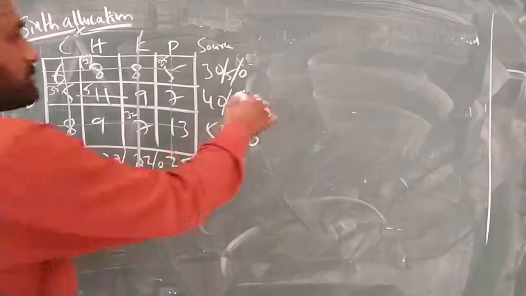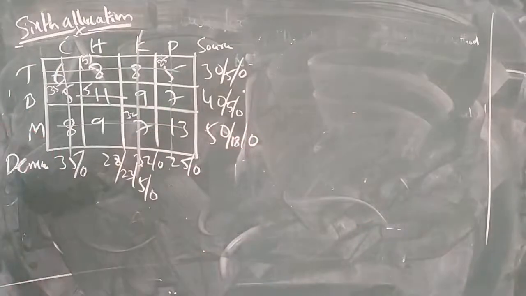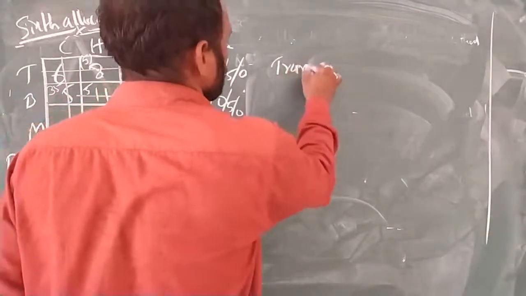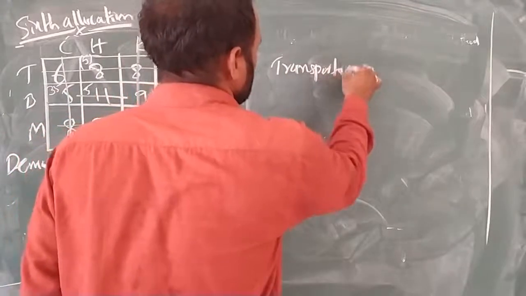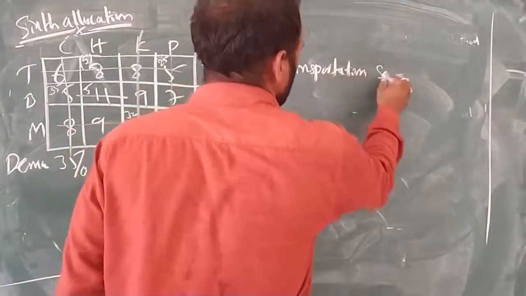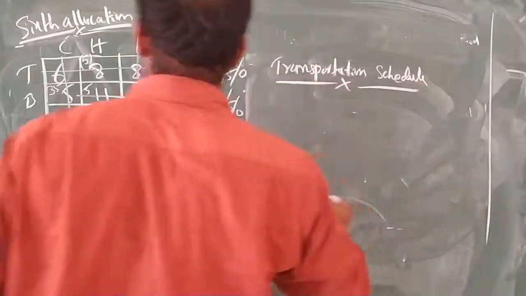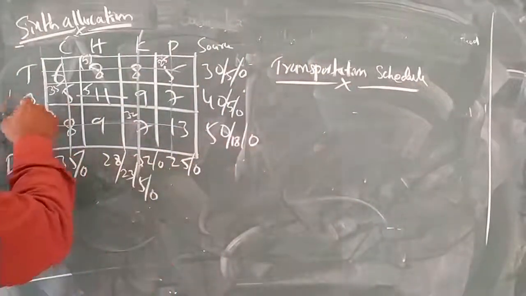Now the total cost. So the transportation schedule. Here, from where to where first?